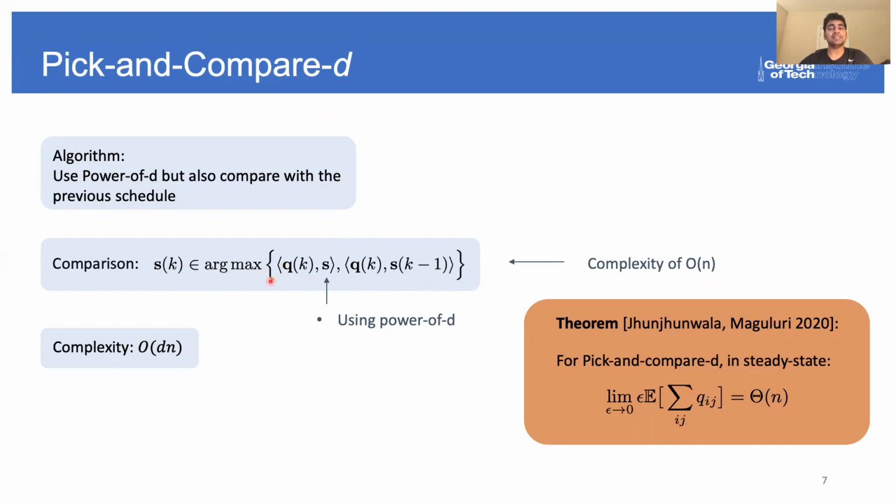So this comparison step does not affect the overall complexity of the algorithm. So the complexity of pick and compare D is only order dn. We show that under general traffic, pick and compare D has the same heavy traffic performance as MaxWeight. So pick and compare D is heavy traffic optimal.